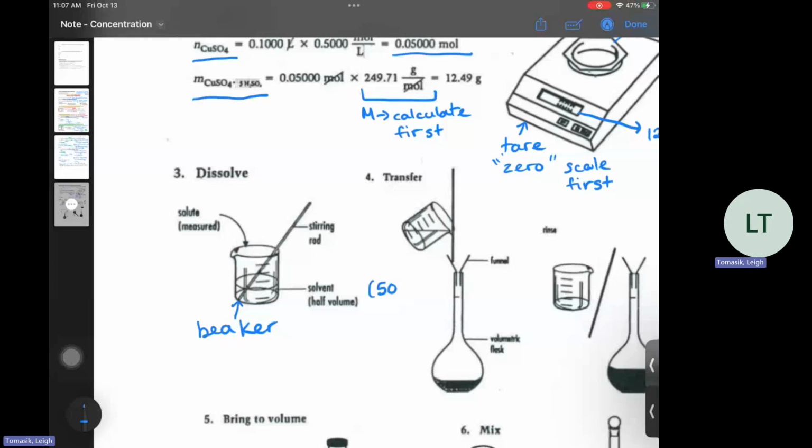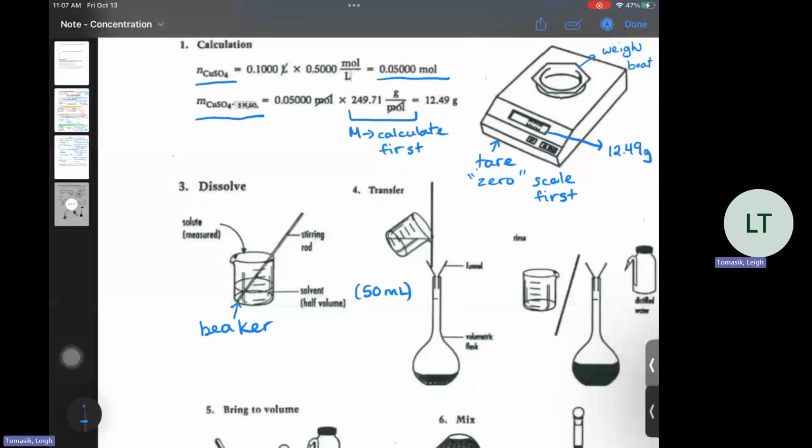We're going to put all of our solute in, and we're going to stir it up. So we're going to pre-mix it, and then we're going to transfer it into a volumetric flask, right? This is an instrument that we use to make solutions in. It's only got one line, so you just have to watch that one line.